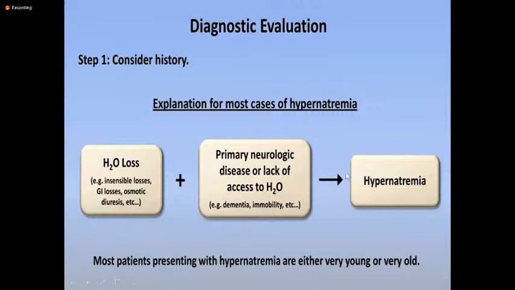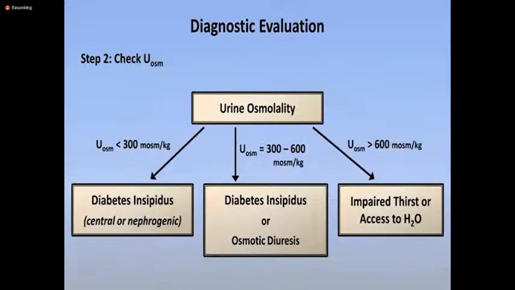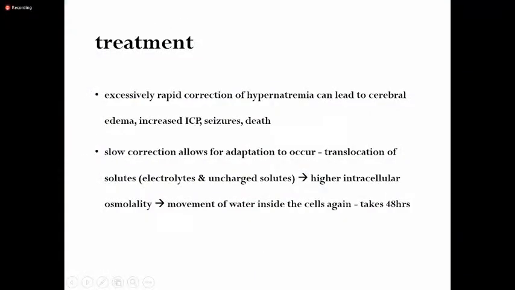And all this will present with hypernatremia. Then the next thing that you want to check is urine osmolality. If it is less than 300, that points more towards diabetes insipidus. If it is more than 600, that points to reduced intake, so impaired thirst or reduced access to water. If it falls in between, you can either think of diabetes insipidus or osmotic diuresis.